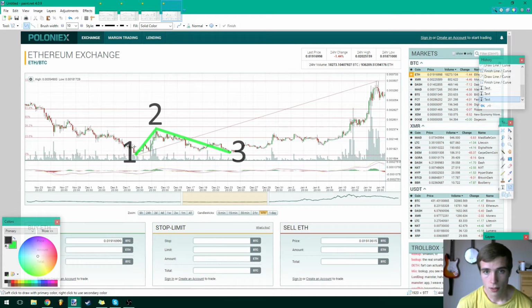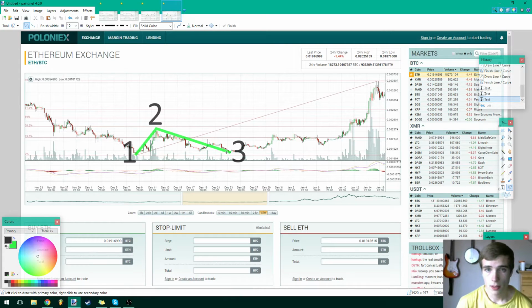This is a 1, 2, 3 bottom formation that formed between around December 8th to about Christmas, December 25th. So this one, mark it hit, and then it broke high to hit this 2 point that I have, and then it came to test that low again and failed to test that low.